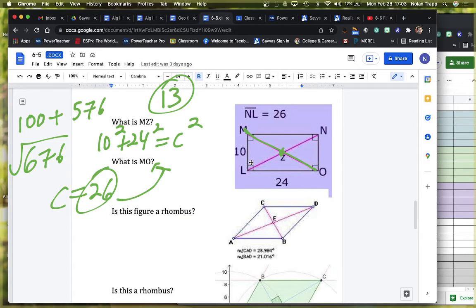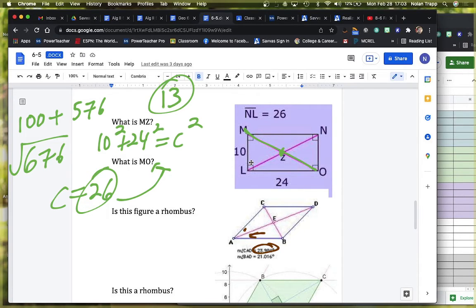Okay, is this figure down here a rhombus? They're saying CAD, which would be this angle, is 23.984. And BAD is this one, which is 21.016. Now, some of you may say you don't know how to figure this out, but the trick is that if it's a rhombus, well, first off, this needs to be bisected, right?